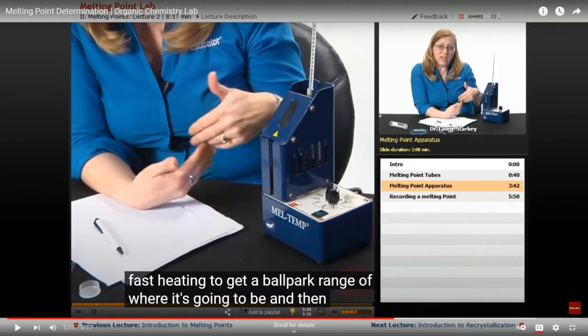So setting the dial at a certain number doesn't determine the final temperature. Temperature's going to rise continuously. The difference is the rate, how quickly the temperature is rising. That's what this is all about. The setting is not determining the final temperature, like we normally would think with our experience in the kitchen, right? This is about heating rate.